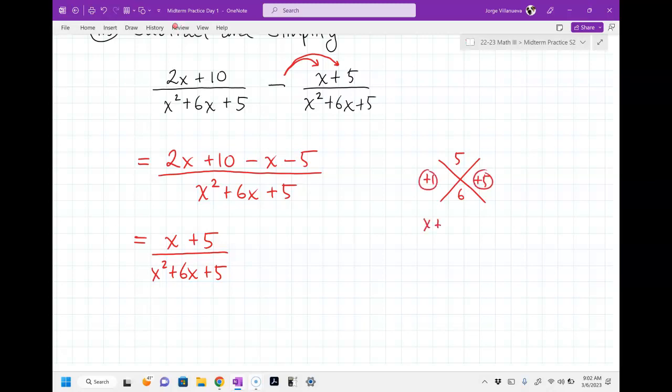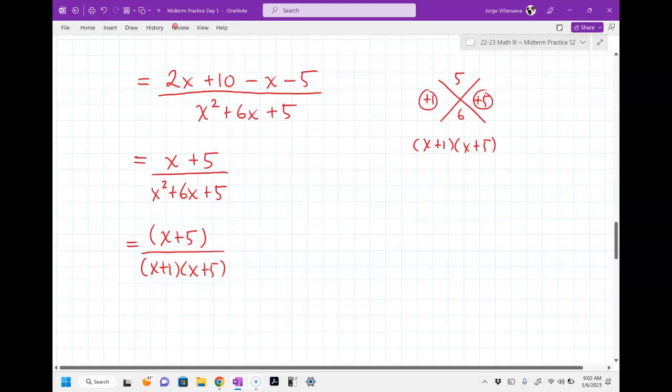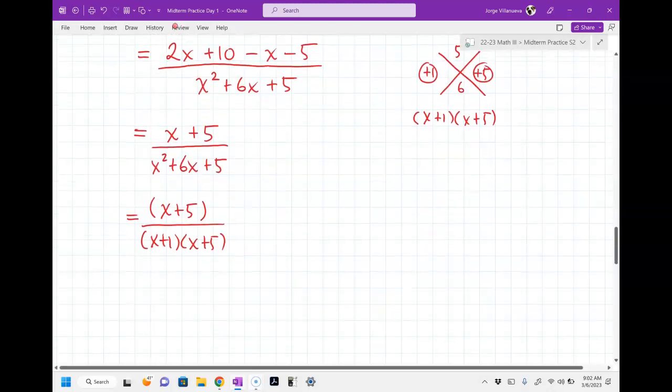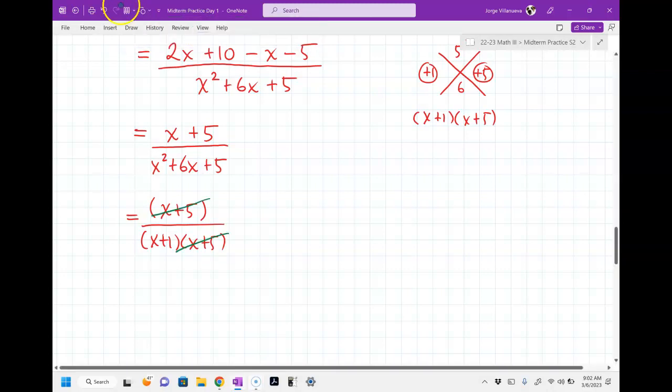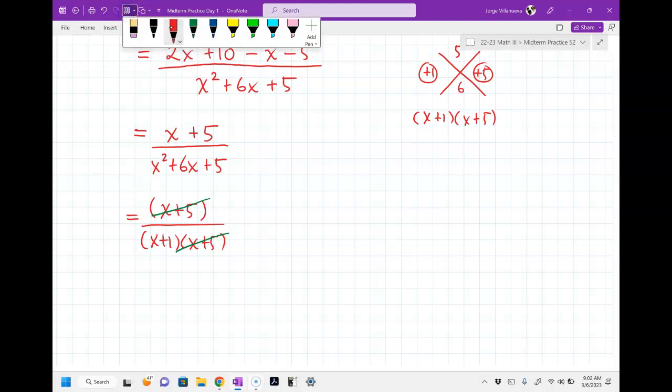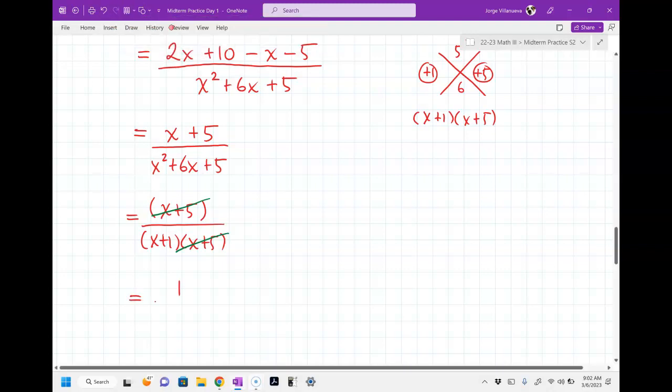So this would be an x plus 1, x plus 5. So x plus 5, not factorable, divided by x plus 1, x plus 5. Let me move this up here. Can I cancel? Yeah, I got 2 x plus 5s, right? So I can actually get rid of this. So all that's left is 1 over x plus 1.